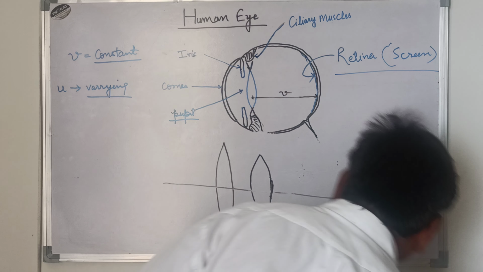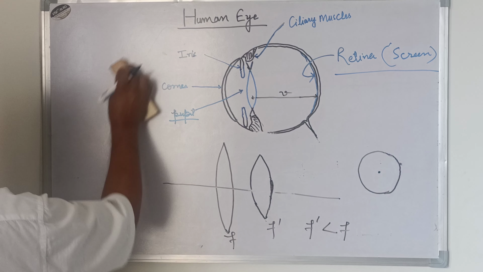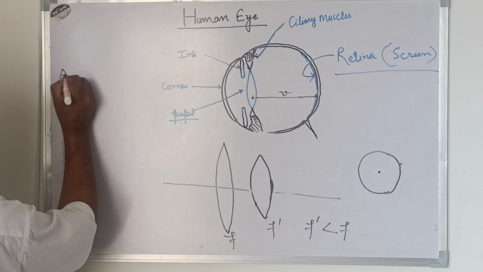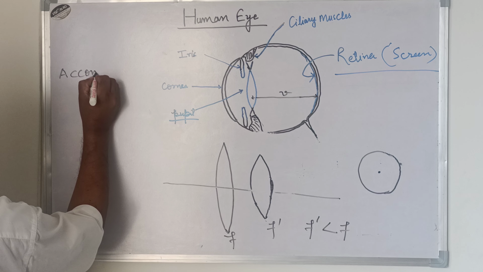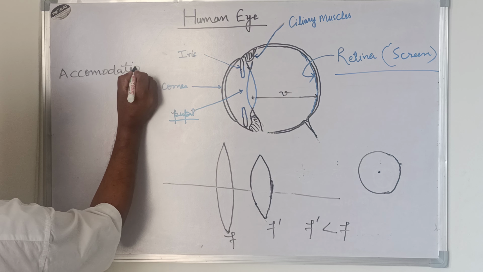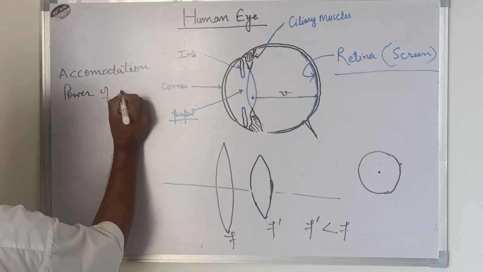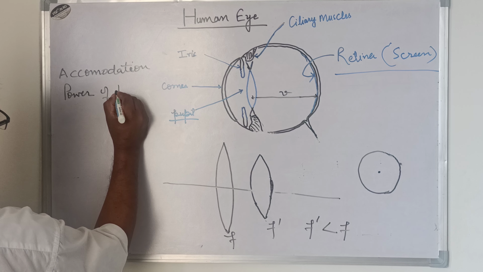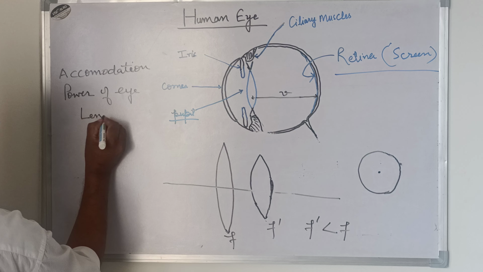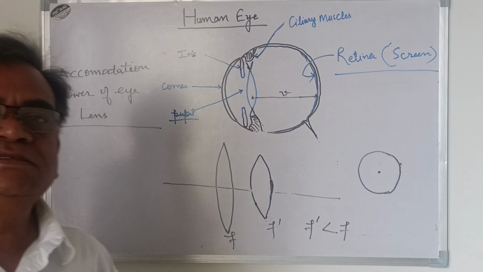What is this function called in physics? This is called accommodation power of the eye lens. What is the accommodation power of the eye lens?